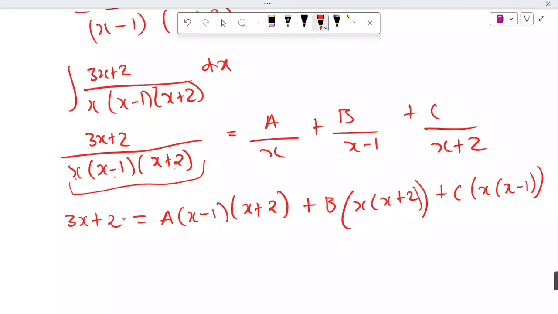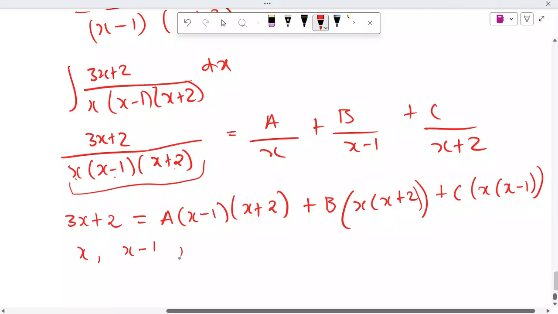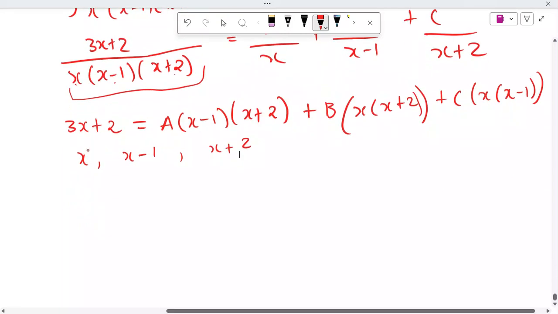Yeah. So now, if you see, you have these equations, 3 of them. You have x, x minus 1, and x plus 2. So now we need to find the values for a, b, c. So I've showed you guys the tricky part. You equate each factor to 0. The first one, x equals to 0.